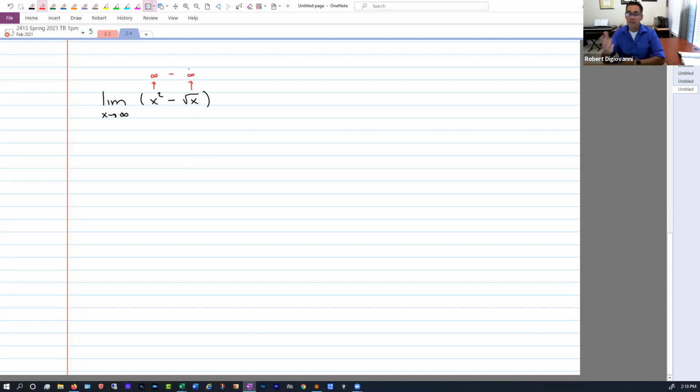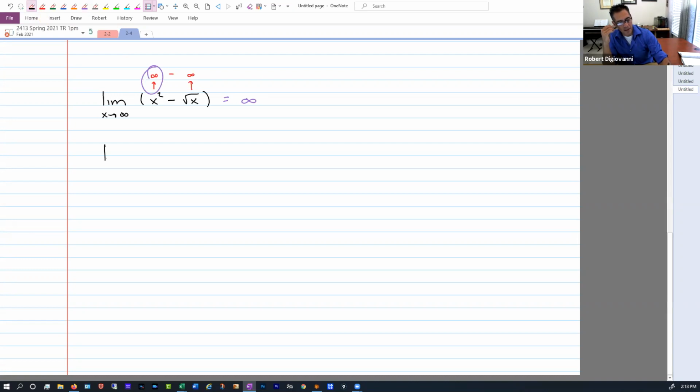So we have infinity minus infinity. And which one of those do you think dominates? X squared. X squared is definitely going to dominate square root of x. Would you all agree? Is that pretty straightforward? Yes. Okay, so here I'm just going to put, okay, this one dominates. So my answer should be just positive infinity.